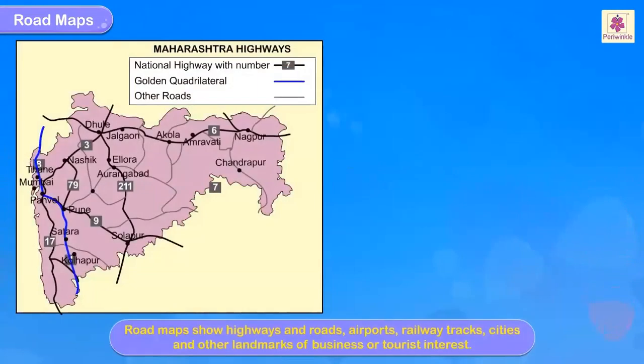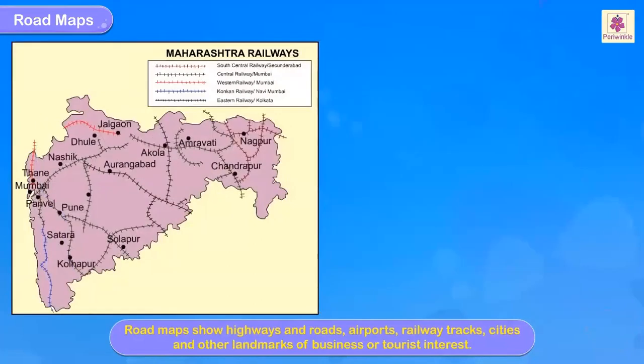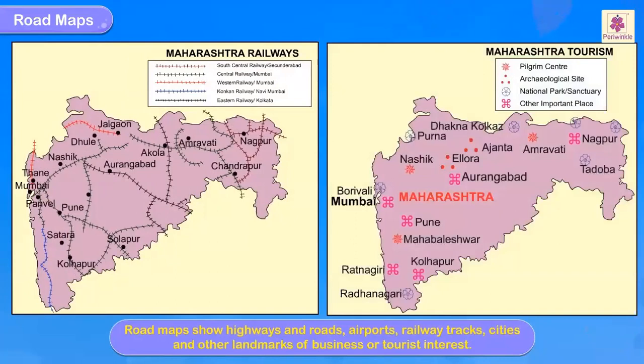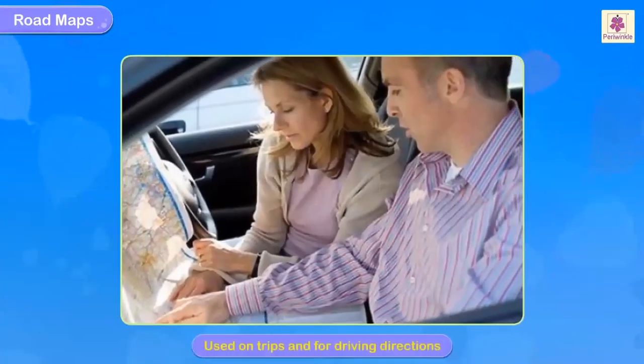Road maps. Road maps show cities, highways, and roads, airports, railway tracks, and other landmarks of business or tourist interest. People use road maps on trips and for driving directions.